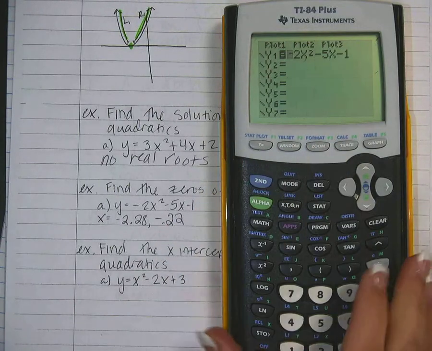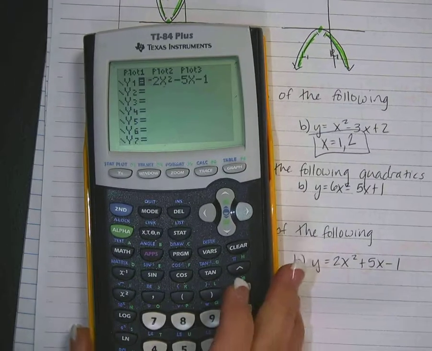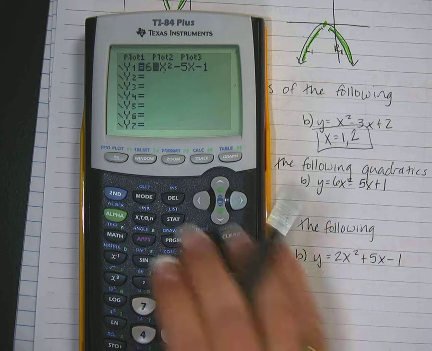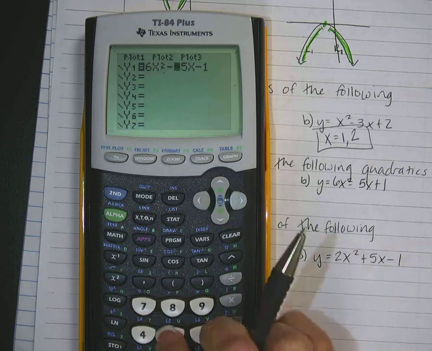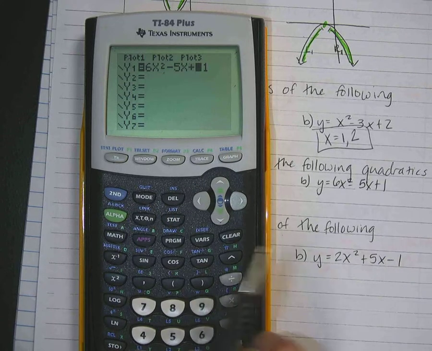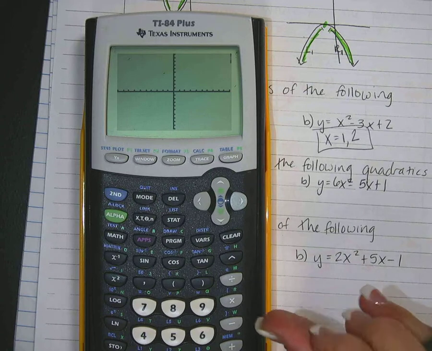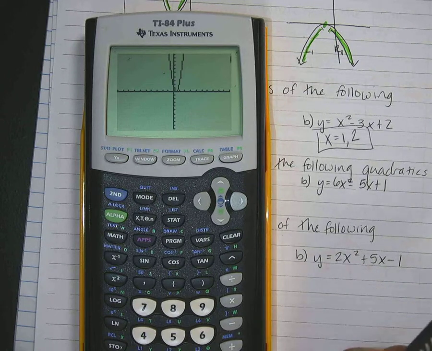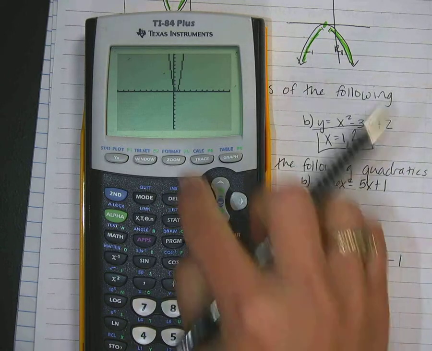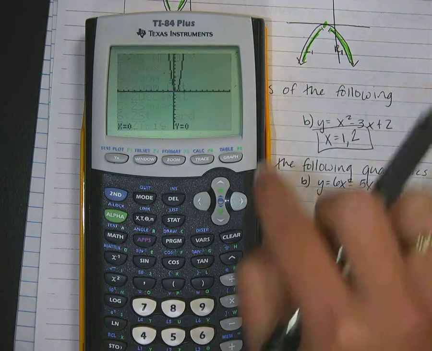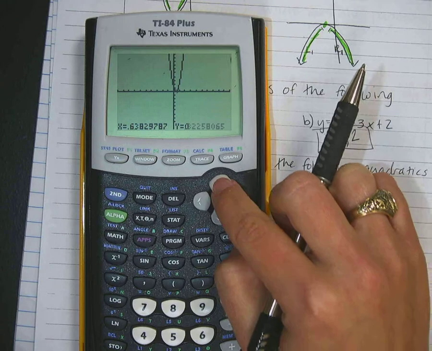Okay, let's get this one set up for B, and then I'll let you do it on your own. So I'm going to plug in 6x squared minus 5x plus 1. Let's take a look at the graph. Okay, so that's pretty hard to look at, so we should probably zoom in on it. So zoom in, and take your blinky cursor to your vertex.